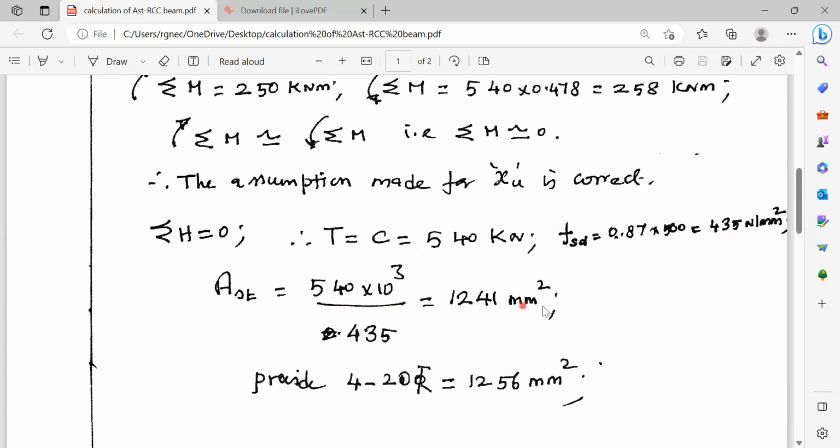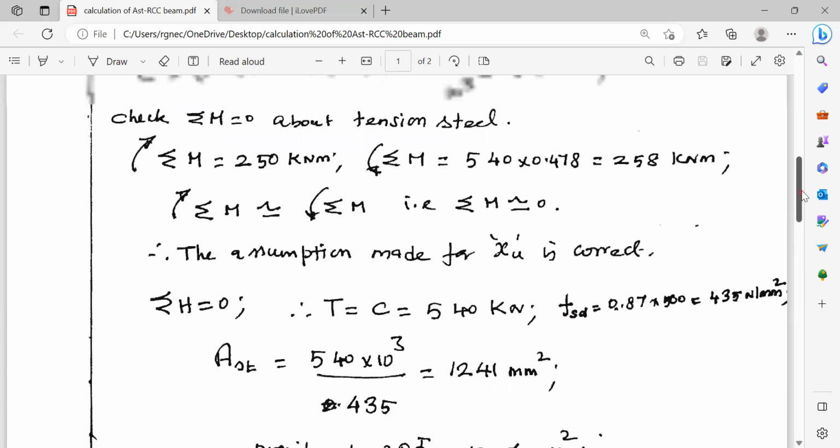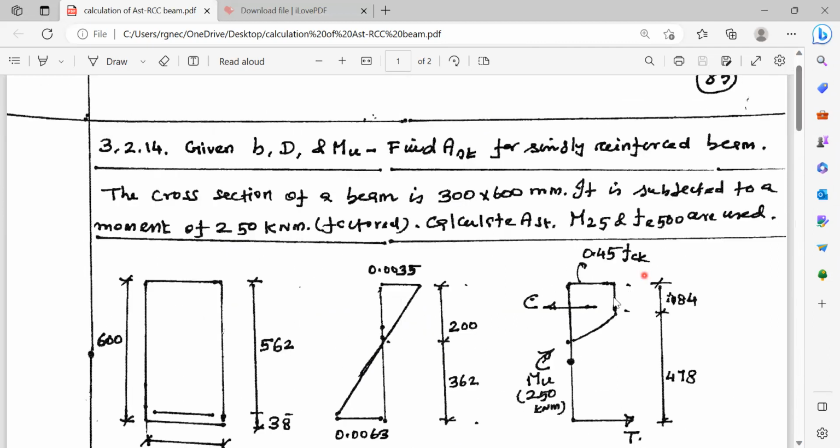That is coming to 1241 millimeter square. So you provide 4 numbers, 20 tar, that is 1256 millimeter square. So this completes the problem. So this is how you can calculate the reinforcement in the tension zone for the RCC beam without using the SP-16 or without remembering any formula. This is the working based on the first principles.